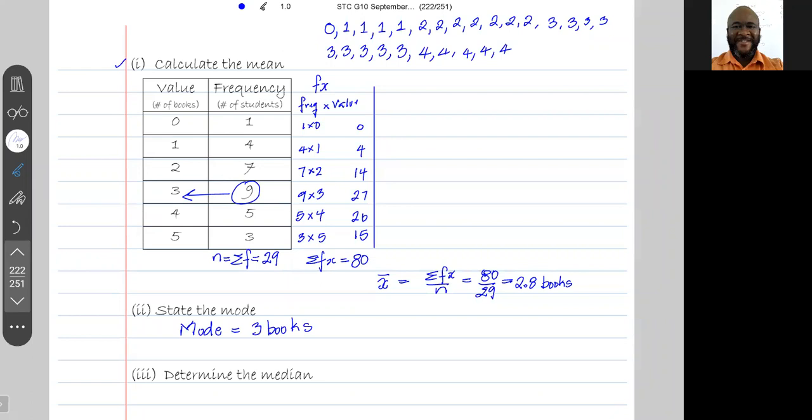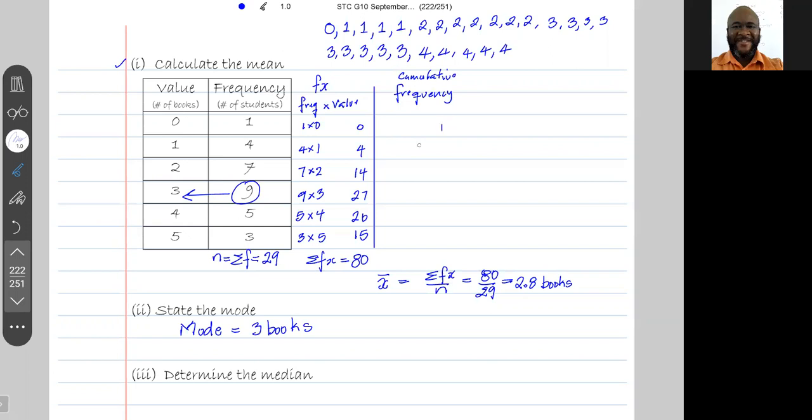3 is the mode. Guys, on the group data, if you're asked to find the median, you need to put in a column called cumulative frequency. Now, cumulative frequency means you're adding the frequency going down.